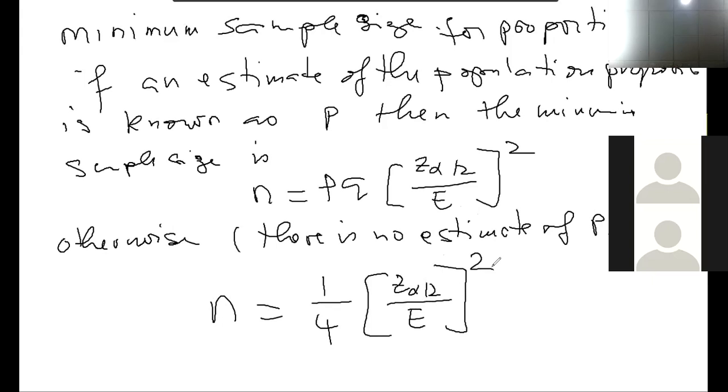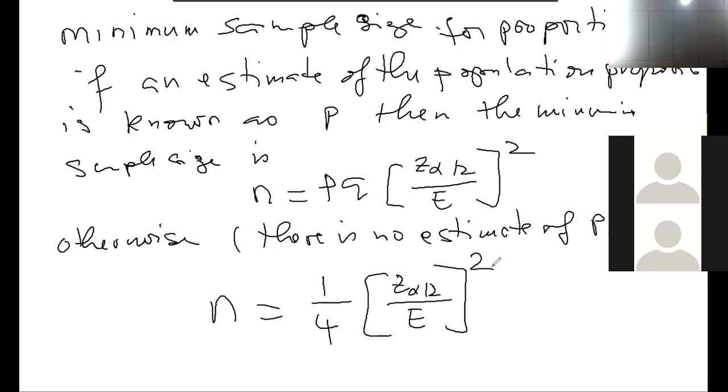So this is obtained, for those who like understanding the mathematics, from here. This was the original formula. We replaced by P hat, Q hat because we have P hat and Q hat as an estimate for the population proportion, which we use to make an estimate for the actual proportion that we don't know.